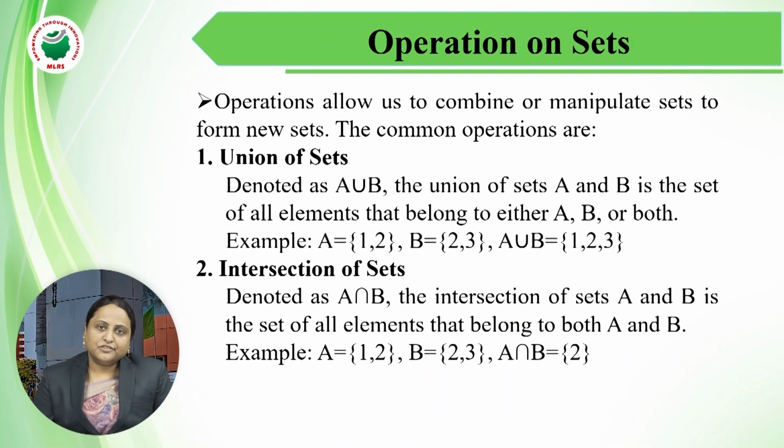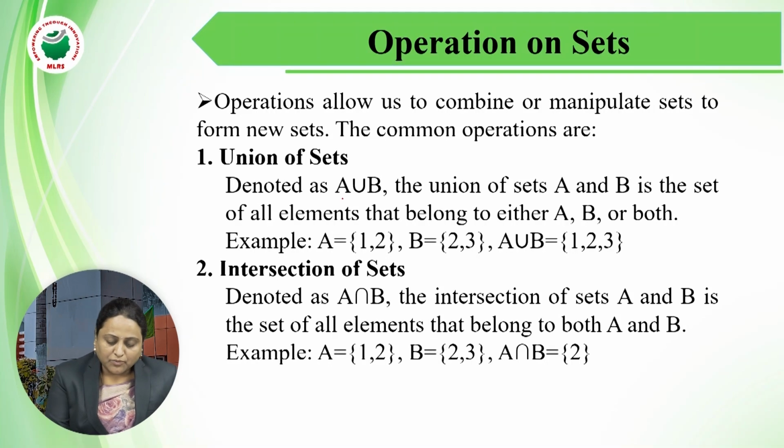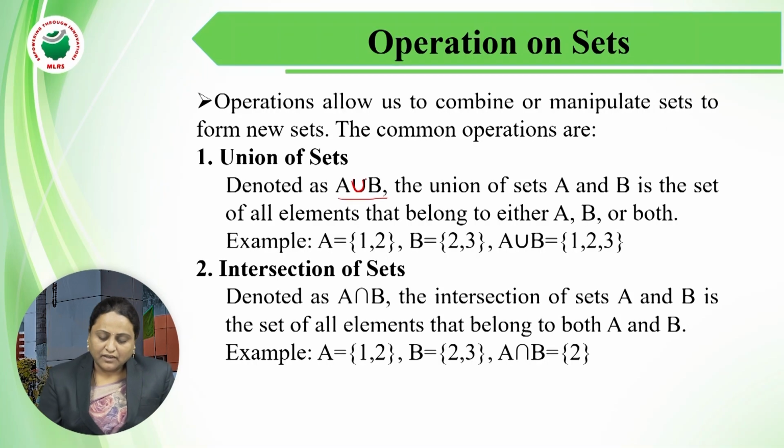And next one is operations on sets. So what are the possible operations you can perform? Operations represent how you can modify the values in the set. The possible operations are, first one is union. So union of a set is denoted in this form, with this symbol of union, and it is performed on two sets A and B. The meaning of A union B is the elements belonging to either A or B or both.